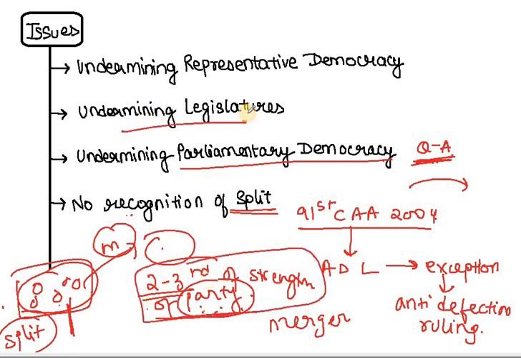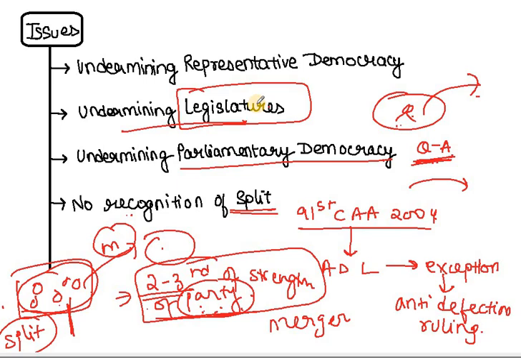It undermines legislatures. The core role of an elected MLA or MP is what? To decide on policies, bills and budgets. Instead, the MP becomes just another number to be tallied by the party for any vote that it supports or opposes. For example, if an MP or MLA shifts to another party using this loophole, that MP or MLA is not respecting the legislature.